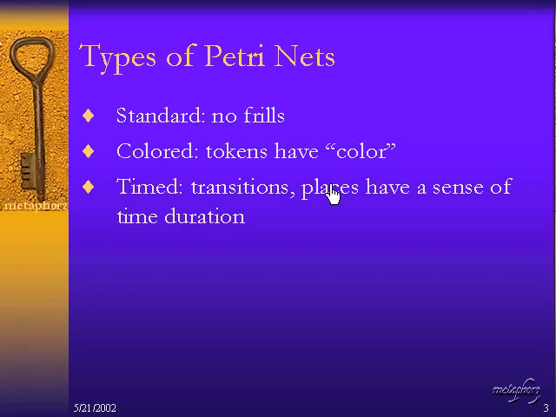They can have extra data or information attached to them other than just simply being black tokens. We can also have time transitions, and by having time transitions we allow the Petri net transitions to each occur at different rates. It may take certain transitions less time to operate than other transitions.